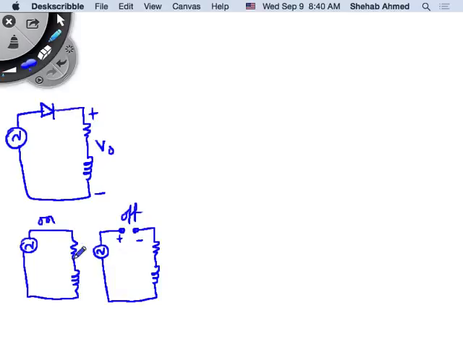Okay, so if the device is on, it will look like this. If the device is off, it will look like this. We all agree. So if the device is on, current will flow. If the device is off, current will not flow. Now let's look at the waveforms.